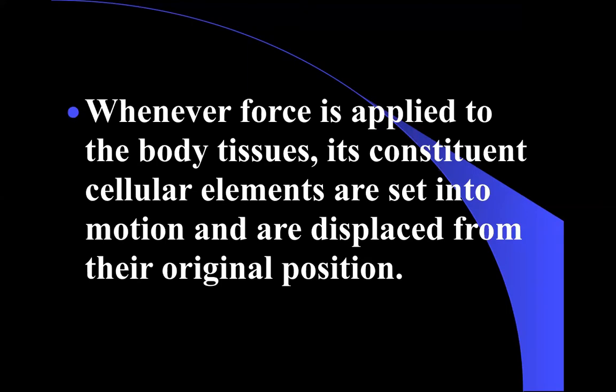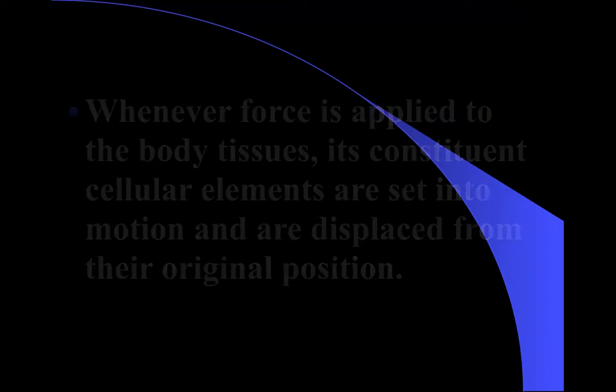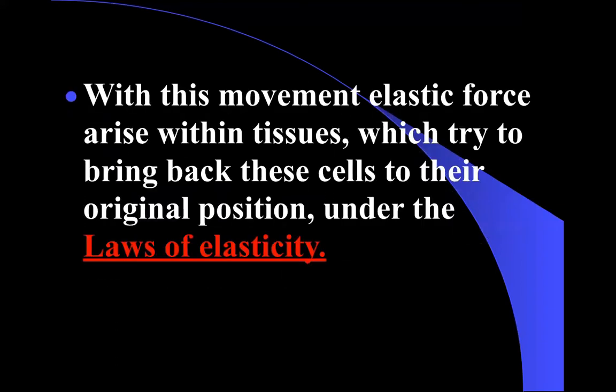Whenever a force is applied to the body tissues, its constituent cellular elements are set into motion and are displaced from their original position. With this movement, an elastic force arises within the tissues, which tries to bring back these cells to their original position under the laws of elasticity.